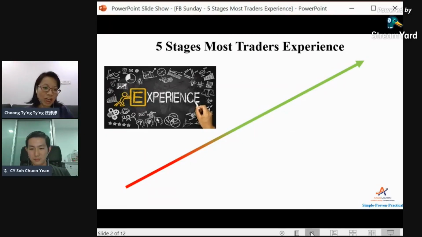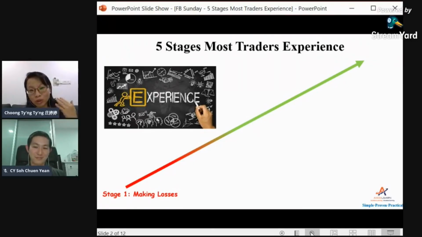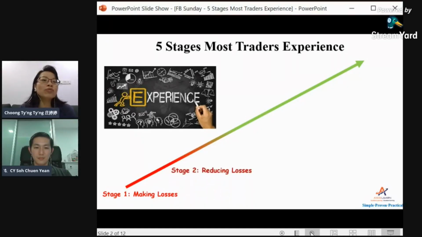Now, the first stage is making losses. Along the way, we will let you know what kind of stages you're going to experience. First, we are going to see all the stages, so at least you identify which stage you are in. Then subsequently, we'll proceed from that. The second stage is reducing losses. The third stage is break even.